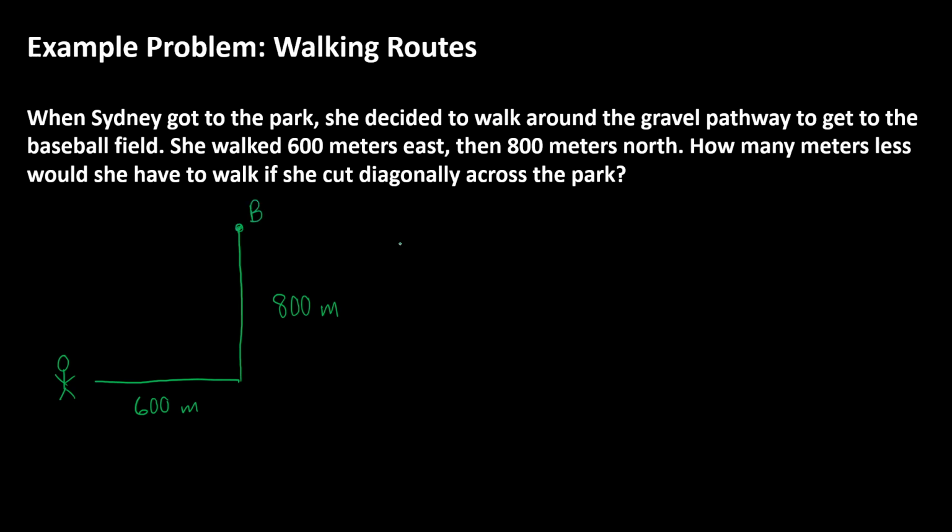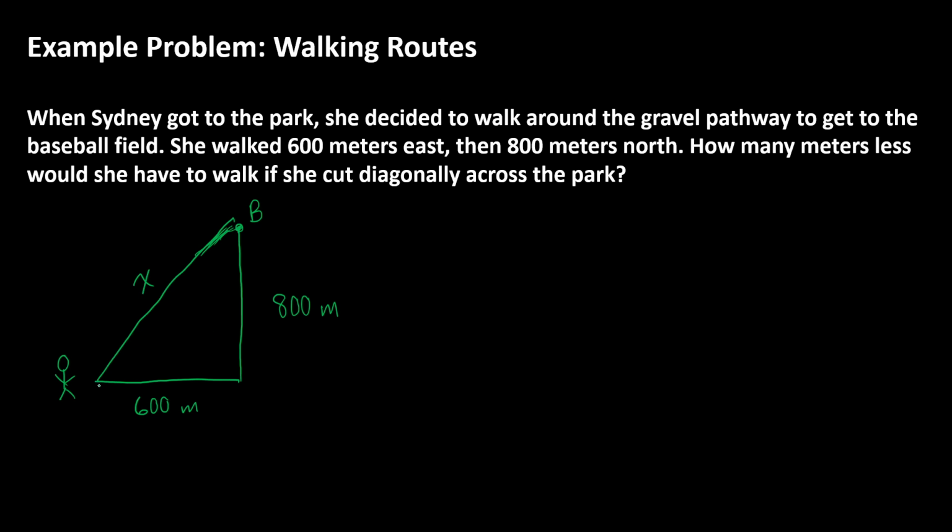So it's asking how many meters less would she have to walk if she just cut diagonally across the park. So going from her current location all the way up to point B. Point B here. I'm going to estimate here. This is our unknown value. We don't know what this side length is.